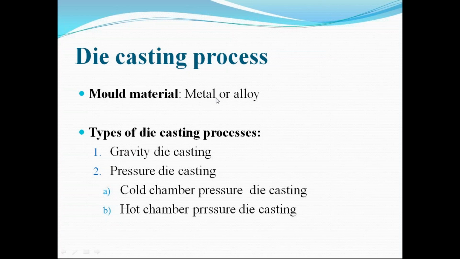Now the types of die casting processes. There are mainly two types: gravity die casting and pressure die casting. Under pressure die casting there are two types: cold chamber pressure die casting and hot chamber pressure die casting. One by one I'll discuss all of them.